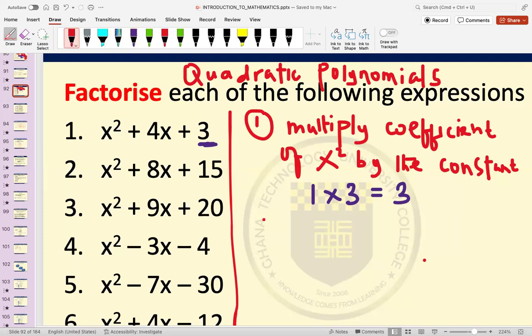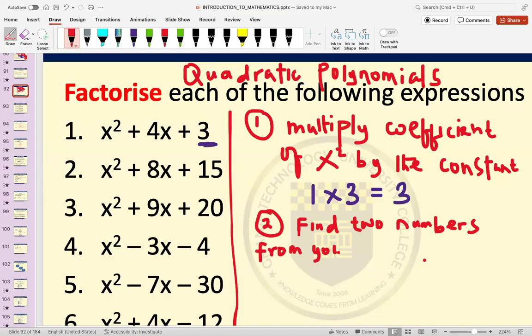Let's move to the second step. Step 2 says find two numbers from your results in step 1.